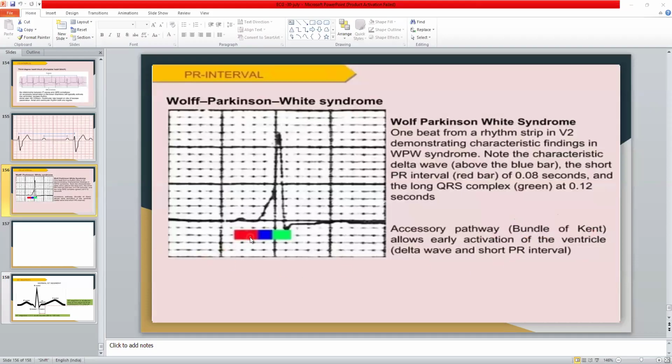You can see here three colors: the red bar, blue bar, and the green bar.